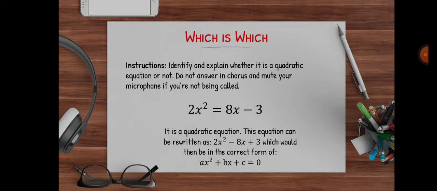What we did here is transpose 8x and negative 3, or move both of them to the other side. So positive 8x will become negative 8x, and negative 3 will become positive 3. Then it shows that it is now in the correct form of the quadratic equation.